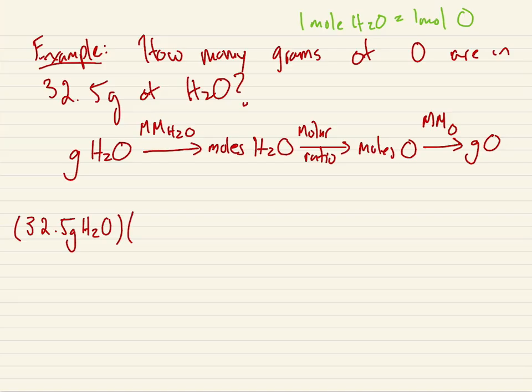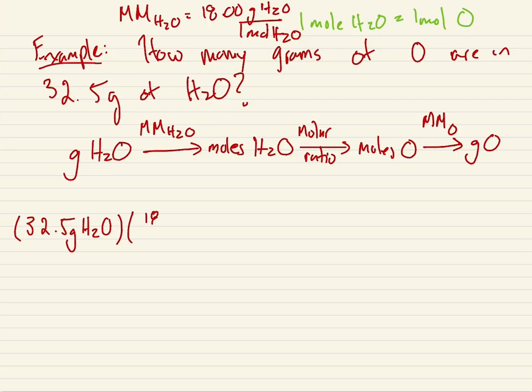So if we multiplied it, what is the molar mass of water? 18.00 grams of H2O per 1 mole of H2O. If we multiply it, we see that the grams aren't going to cancel out. So we have to divide by the molar mass.